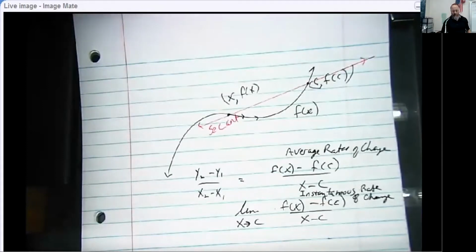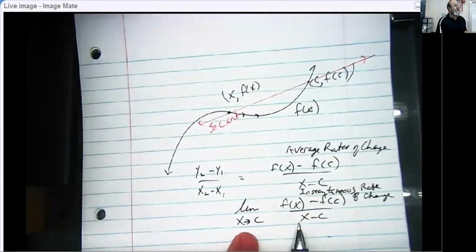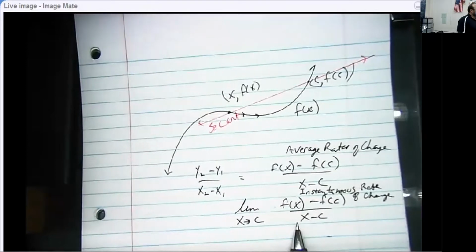Now, let me ask you a question. What is going to happen as x gets infinitely close to c? Look at the numerator. What would that be? That's going to be f of c minus f of c, which is 0. What's the bottom going to be? c minus c, which is 0.